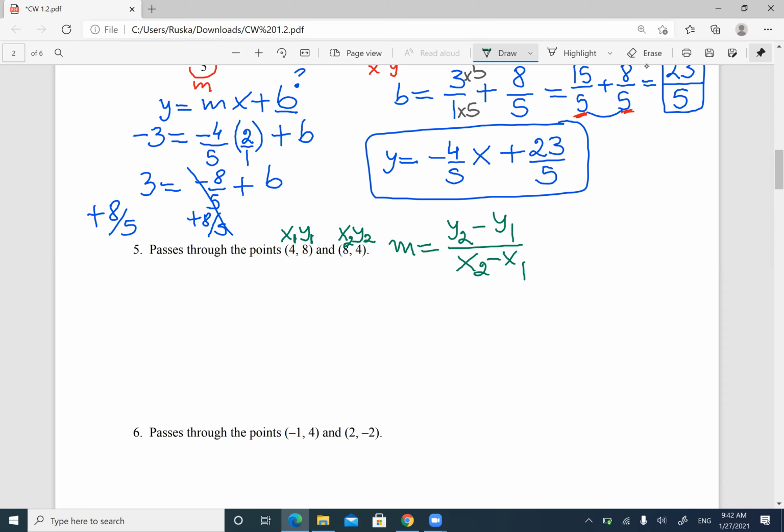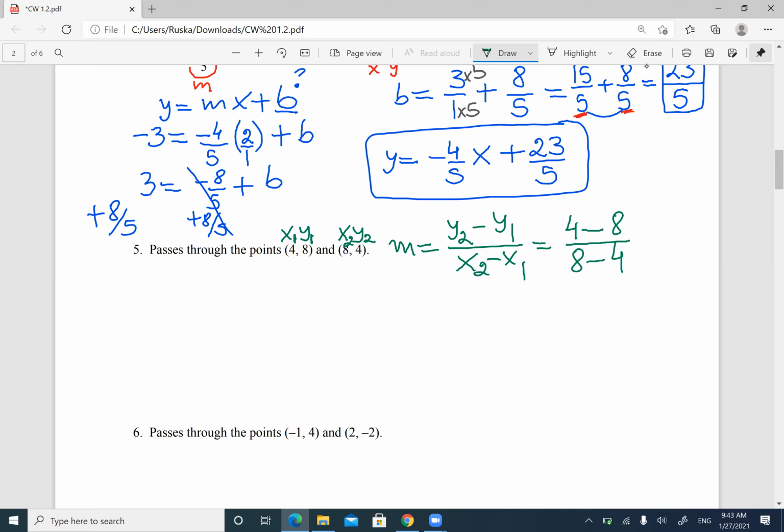Okay? And then you're just going to plug the numbers. So what is y2? That's 4, minus y1 is 8, over x2 was 8 minus x1 is 4. So just plug in the numbers. Now, the formula is the difference in y's over the difference in x.